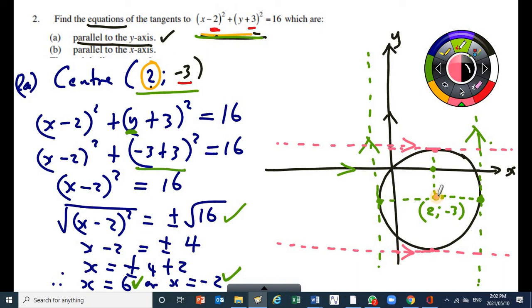The value of x here is a what? It's a 2. So the value of x there is a 2. The value of x at the other end there is also a 2. So I have to substitute that x equal to 2 into this equation. If I put 2 here, 2 minus 2 gives me 0, so I'm left with an equation in terms of y. Right? So that's what I'm going to do.